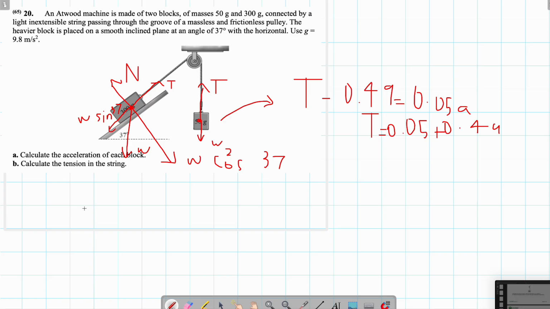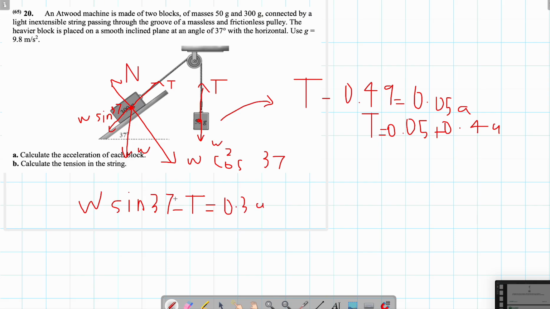So again, W sine 37 minus tension is equal to M2A. M2 is 0.3A.